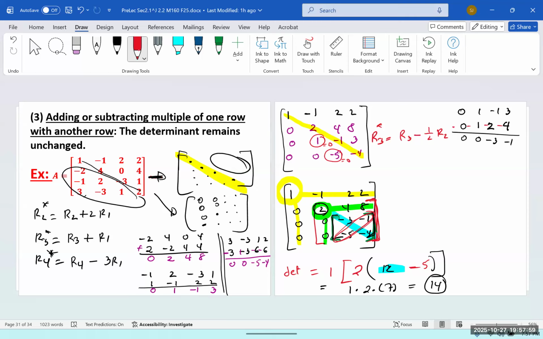But when you use this, you have to remember your sign, the position. This was plus for the 4 by 4, so our 1 is plus. And this 2 is plus for our 3 by 3, so this is a plus 2. And you multiply all of them. You don't add them.